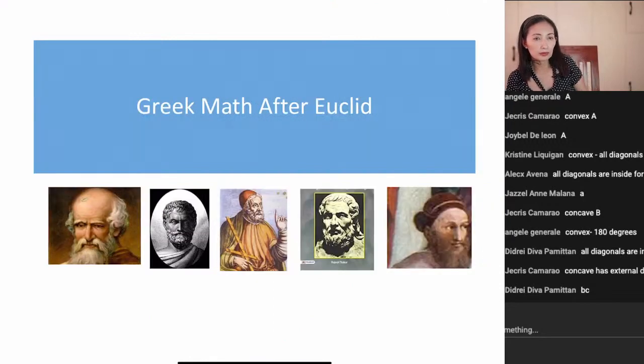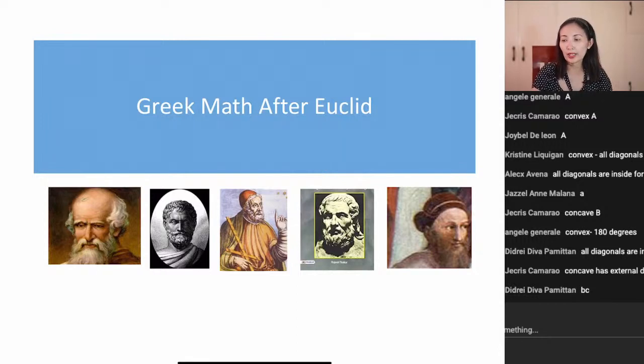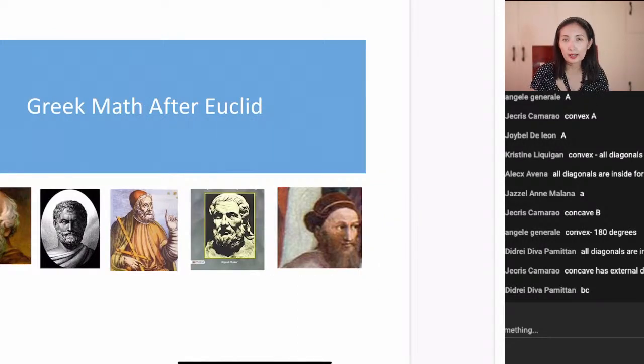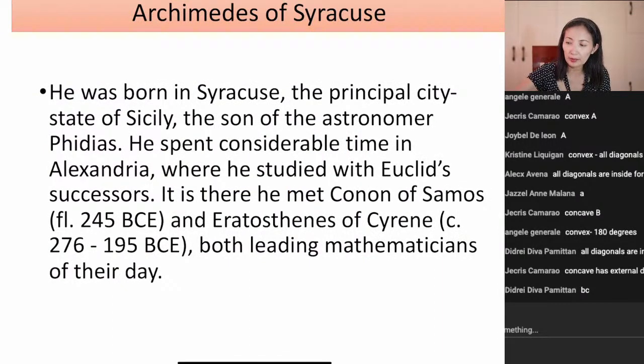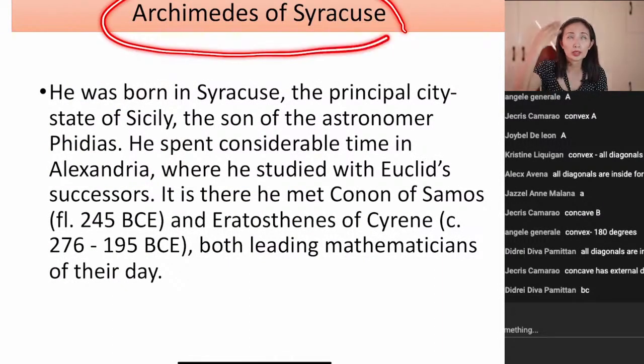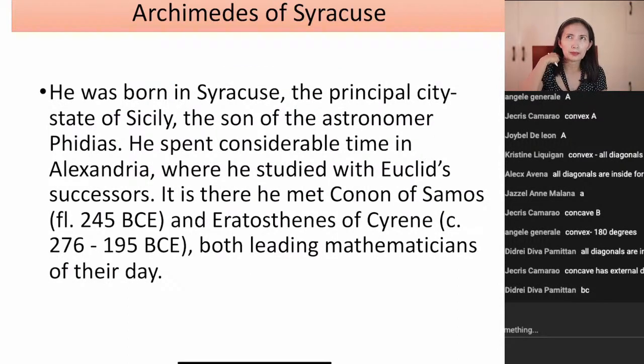Next, we proceed to the Greek mathematicians after Euclid. We begin with Archimedes. We made mention of Archimedes already when we looked into the history of pi.